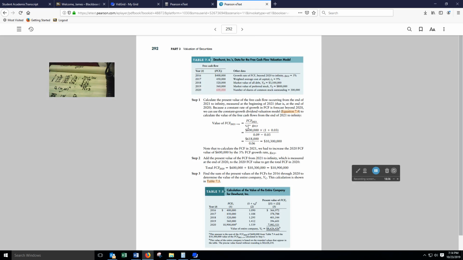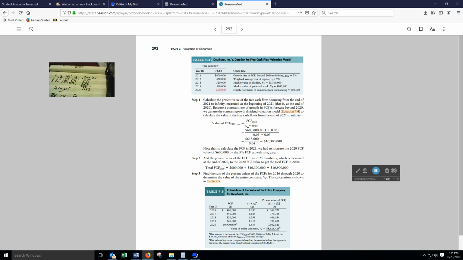We're using the weighted average cost of capital here instead of the required return on common stock. And then we're subtracting the growth rate of the free cash flow from the weighted average cost of capital.